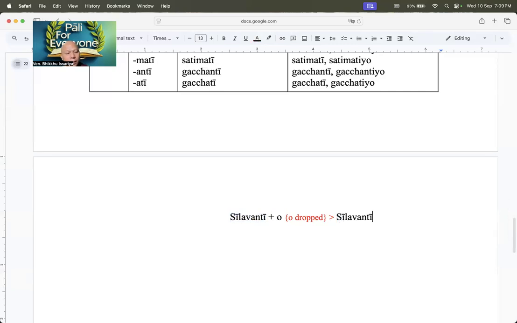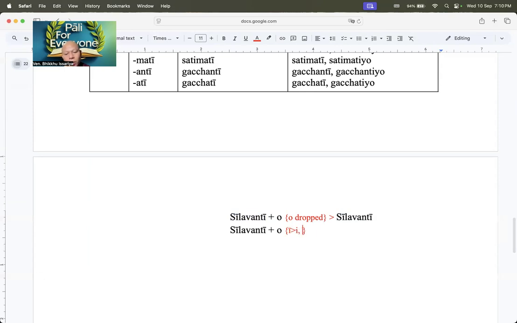But for the next form, silavantī and then 'ō'. Between them, the long vowel ī becomes short.